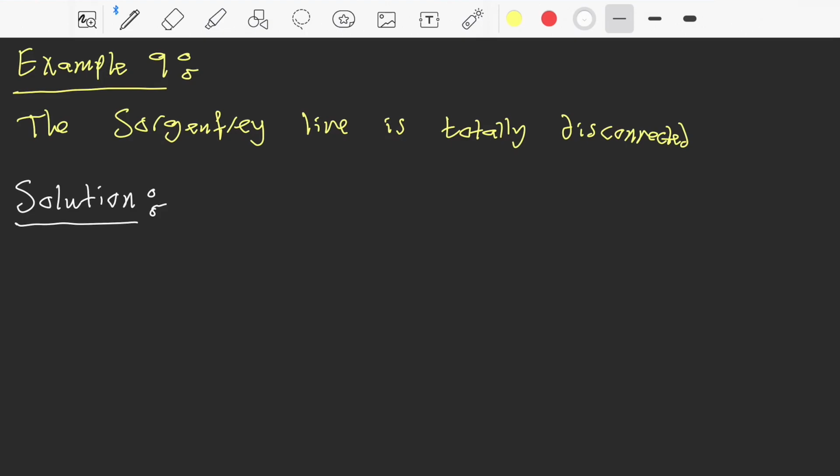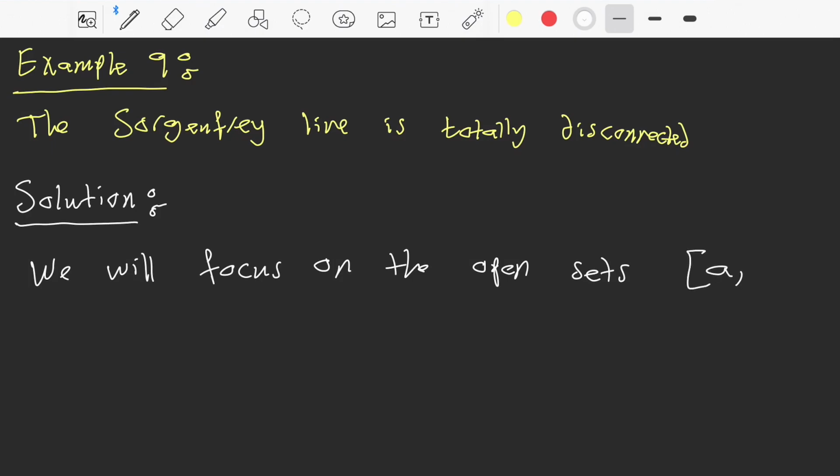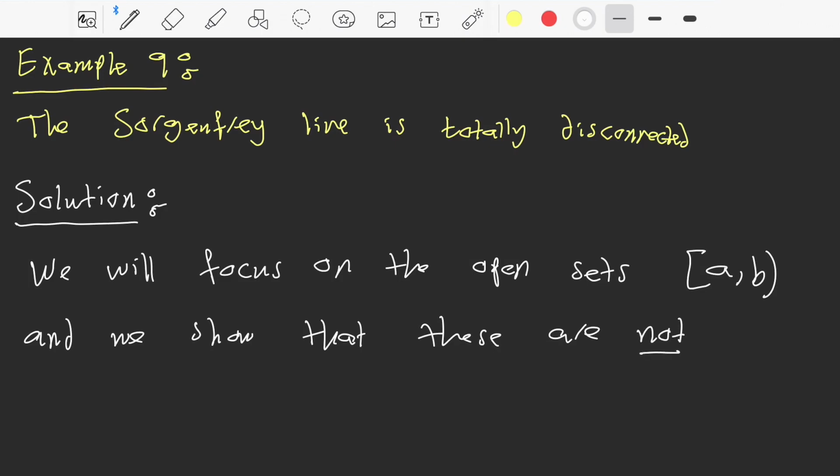And to prove this is totally disconnected, we will focus first on the open sets A, B. We'll focus on the set, and we show that these are not connected by all means.